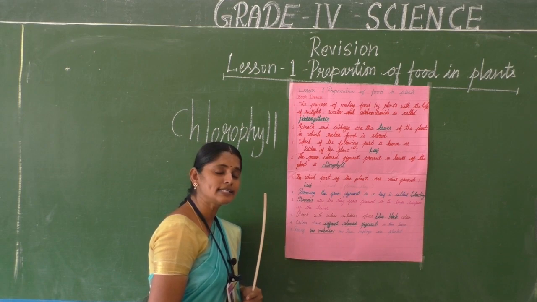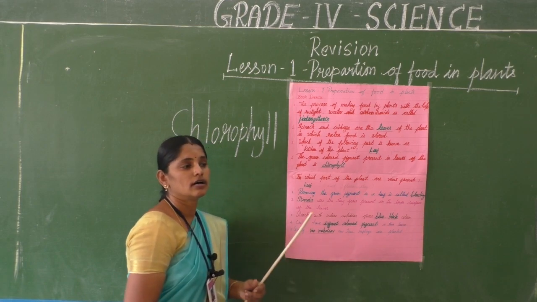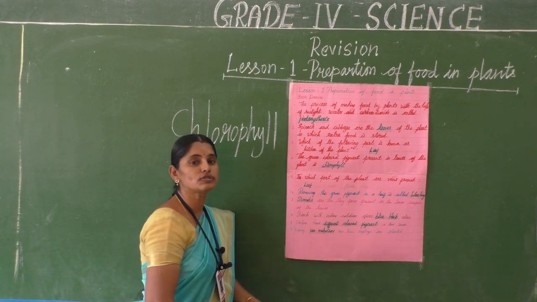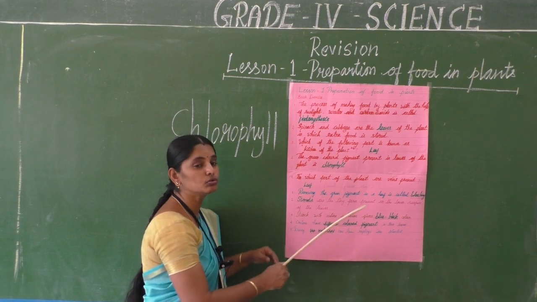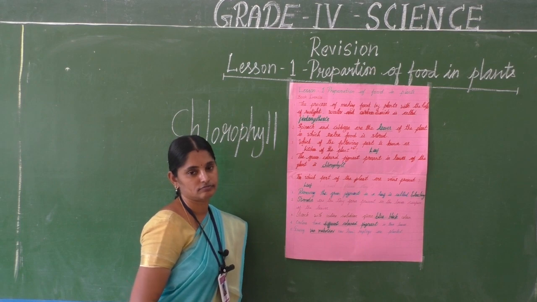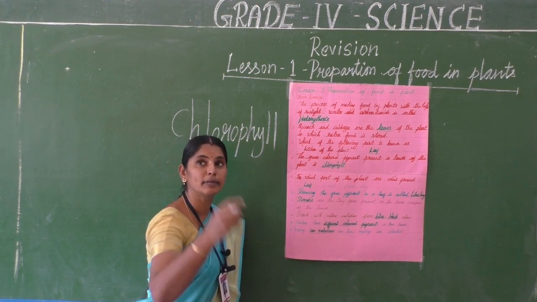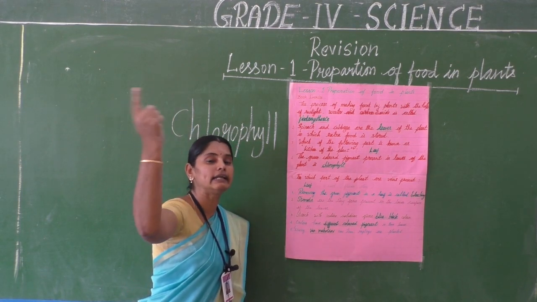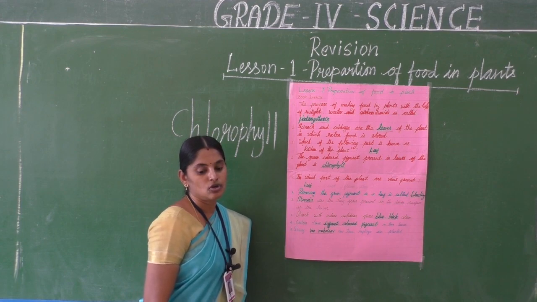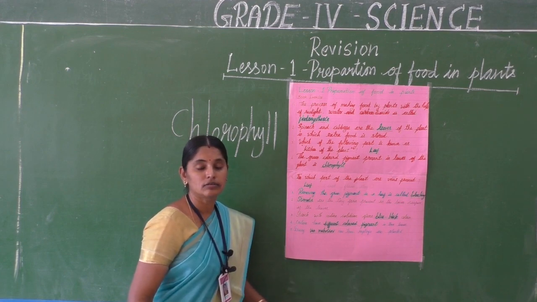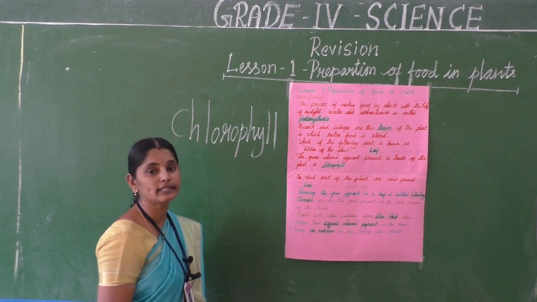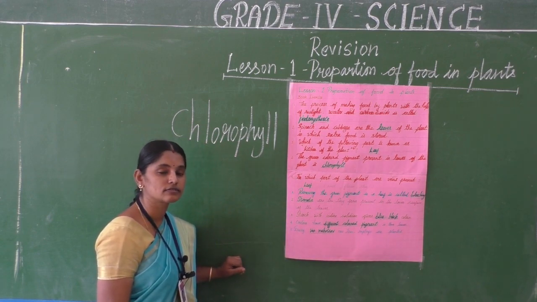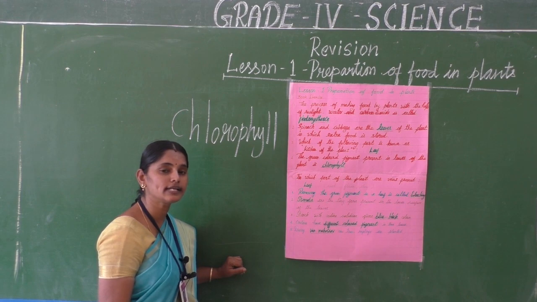Because what do the plants need? What is the main thing for photosynthesis? What is the main thing needed for the plant to do the food preparation? Okay, plants mainly need sunlight. So they are asking, can you tell why plants cannot make their food at night? Yes, what is not there at night?